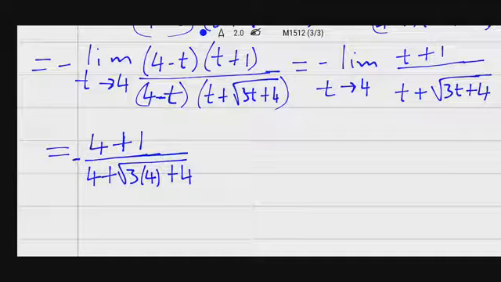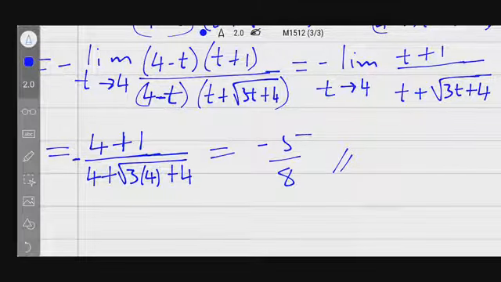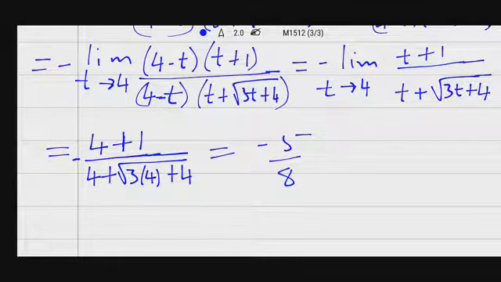So don't plug in and then still carry the limit with you. So you simplify the top part, you get minus 5, and the bottom part is 8. This is what you get for your limit. Beautiful. So this is your answer.